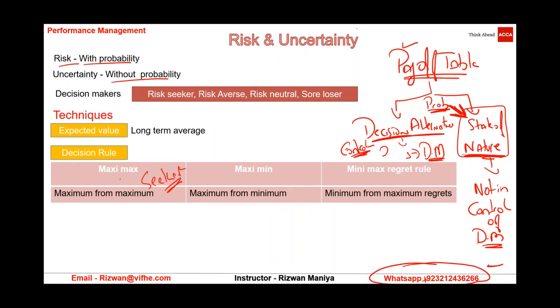That's why he goes for the maximum profit. A risk averse person uses Maxi Min, because risk averse is a person who does not want to take too much risk. So he considers the minimum options, the worst options, and from those worst options selects the best one, as we did in the calculation. From the worst he selects the best one.